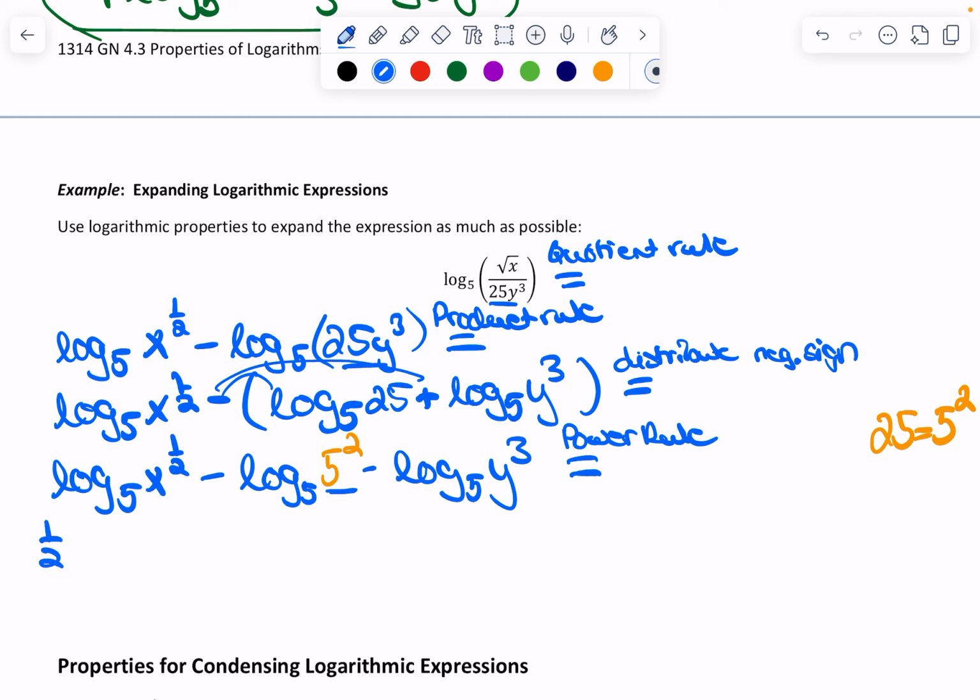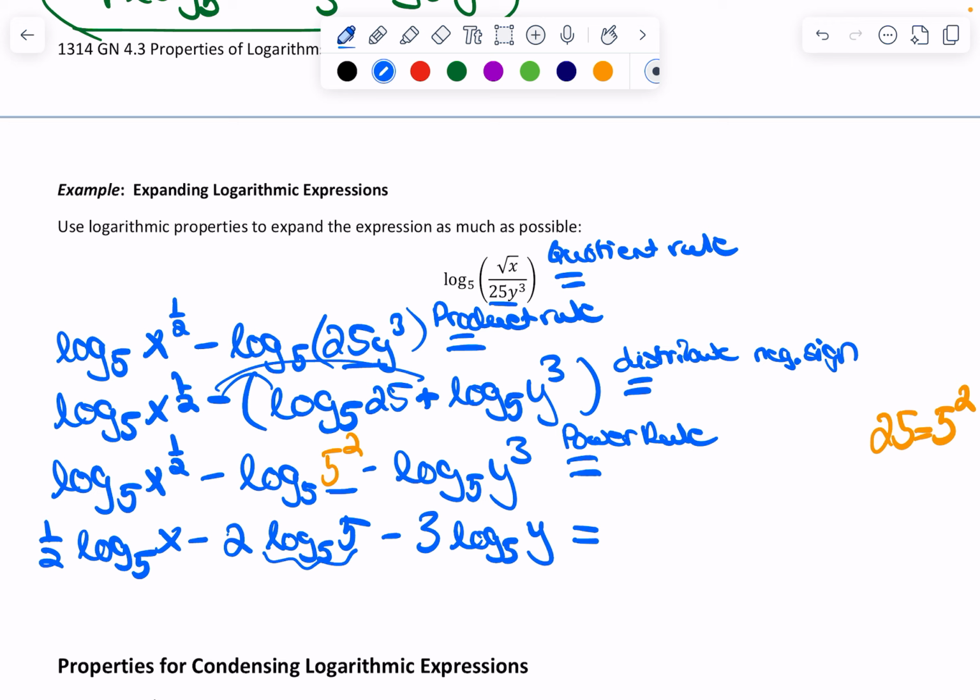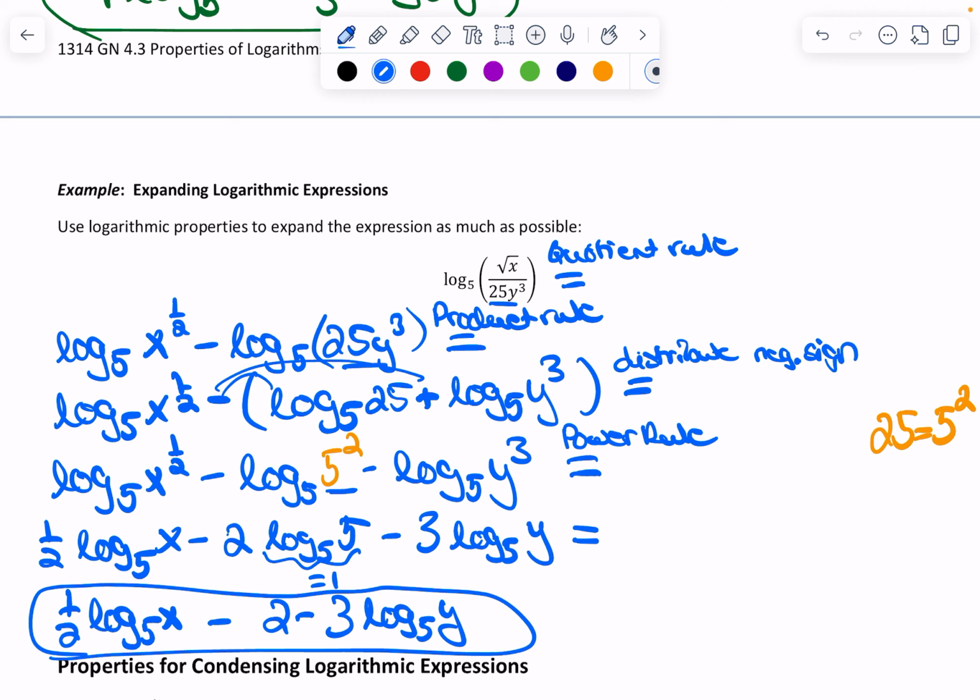So half log base 5 of x minus 2 log base 5 of 5 minus 3 log base 5 of y. Okay, we can still simplify. This here, log base 5 of 5, is going to equal 1. So we have half log base 5 of x, minus 2, minus 3 log base 5 of y. And that is your expanded form.